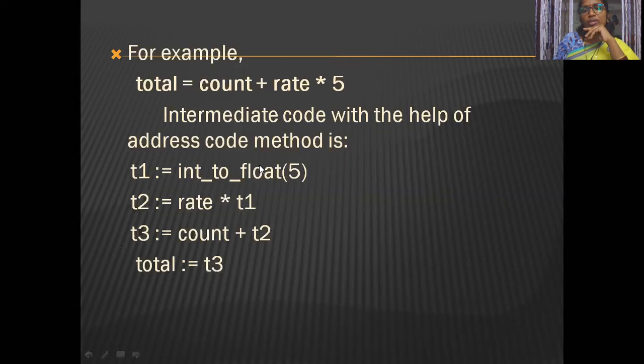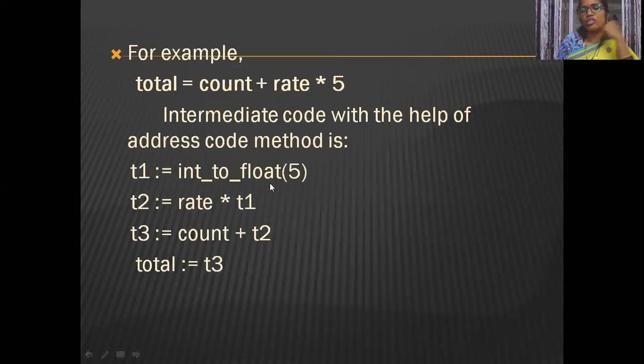It has taken the address of 5. My 5 is in integer form, but rate will be in float form, so I want to convert this 5 into float. At the address T1, I am converting my 5 from integer to float.